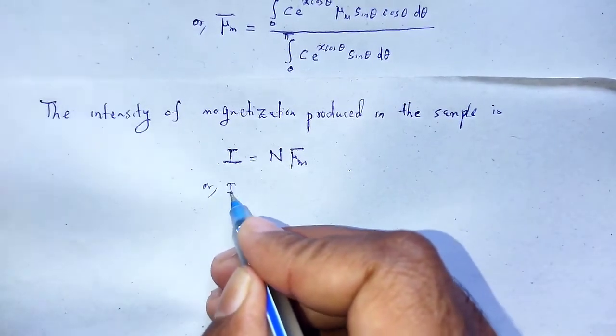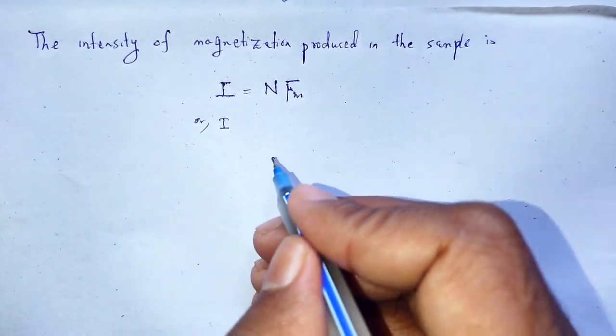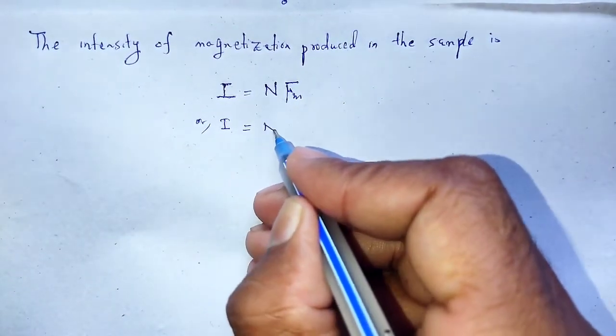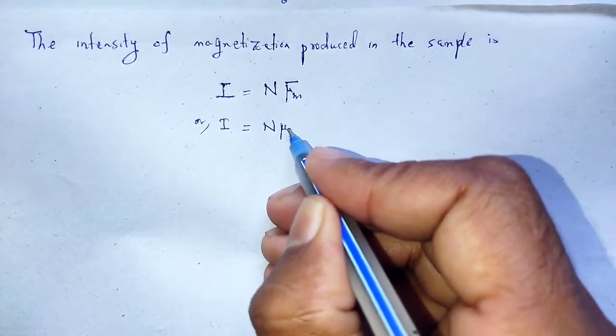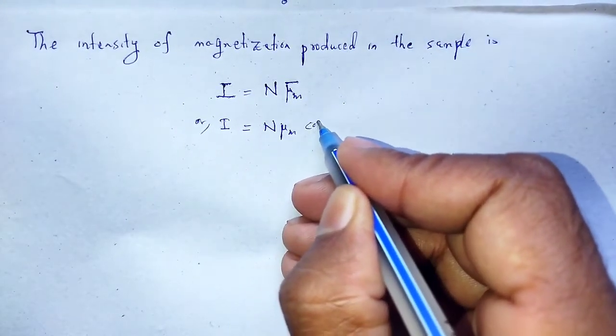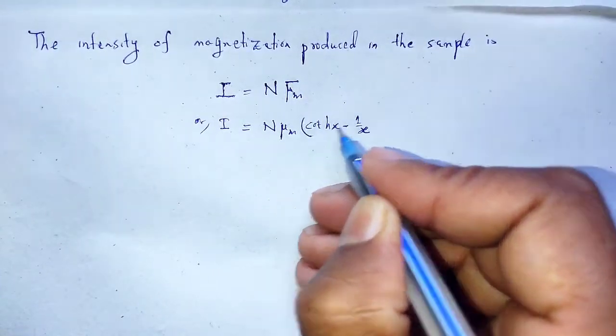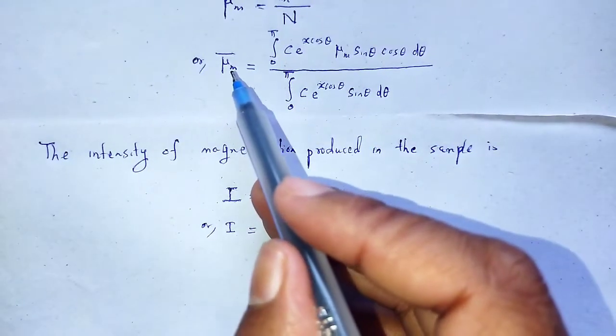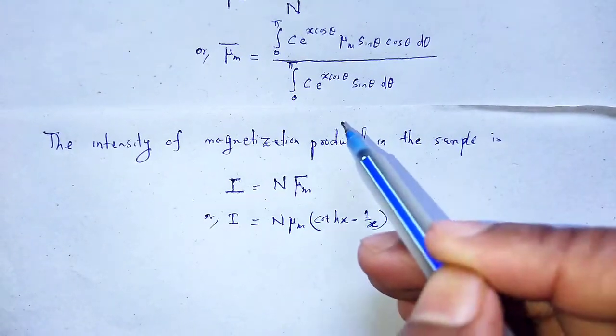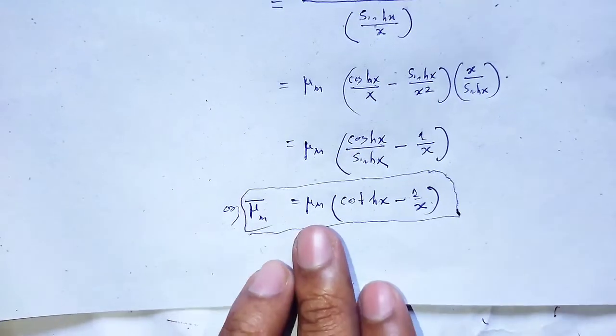Or I is equal to n mu m cot hx minus 1 by x, as we derived mu m bar.